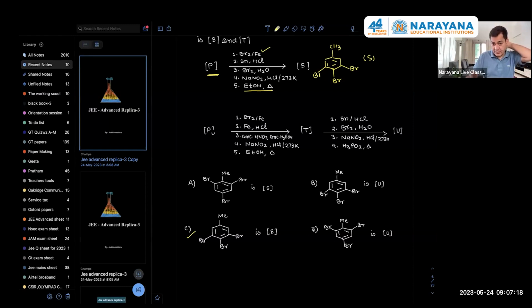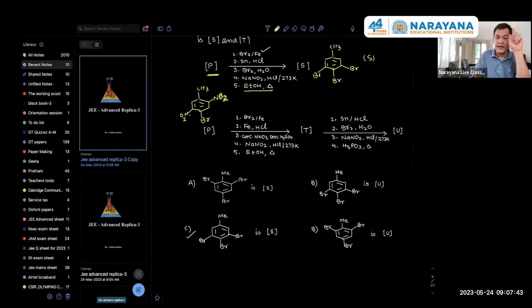Now P. In the second case, we start with orthonitrotoluene. Br2/Fe, para position Br. Fe/HCl reduces the nitro into NH2. Now nitration. In aniline nitration, para is the major product.